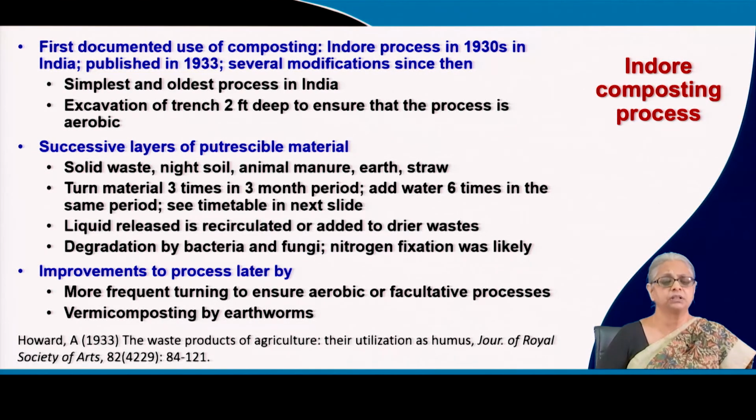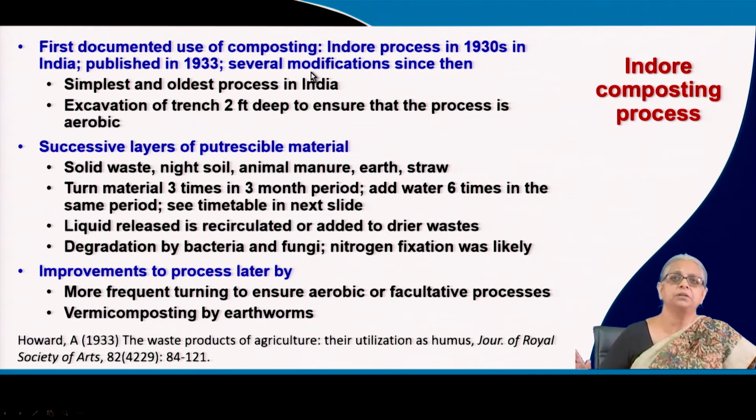I'm going to start with the pit composting method. That is the oldest one that has been documented. It's also called the Indore composting process. The first publication came out in 1933. It was an Indo-British collaborative venture in Pusa in Bihar. And this is, like I said, the first documented use of composting.